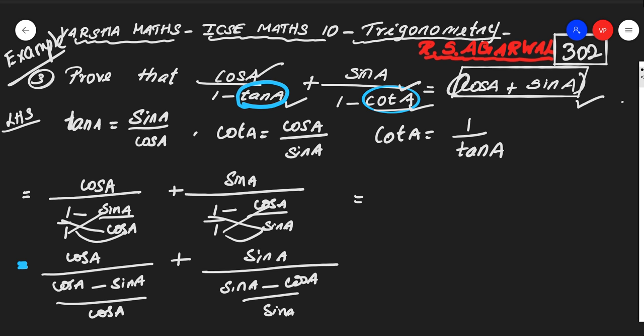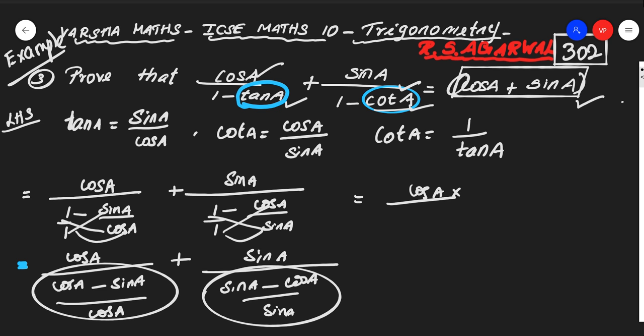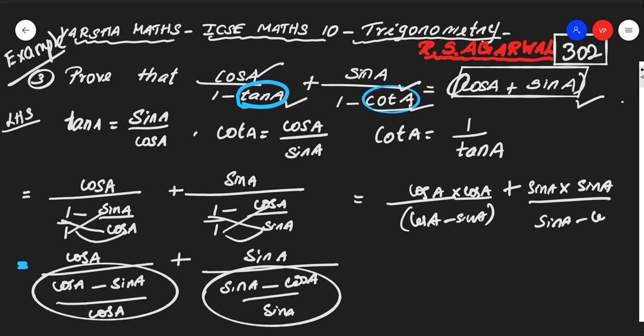What do we do in the next step? You keep the numerator as it is, and in the denominator, you just give the reciprocal. So cos A by cos A minus sin A, plus sin A, taking the reciprocal of the denominator, sin A by sin A minus cos A. Very good.